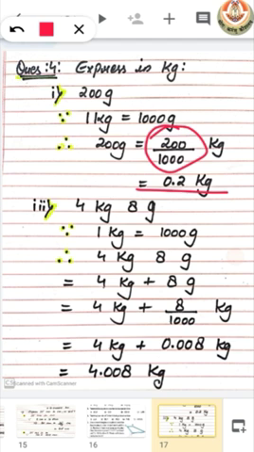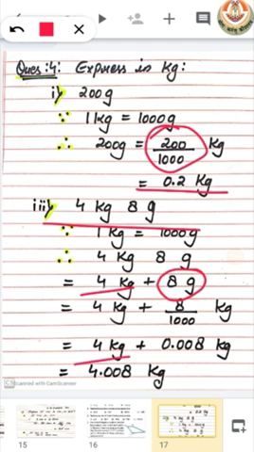kilogram. Now in this case we have 4 kg and 8 gram. So 4 kg is already in kg, so we do not have to touch it. After converting 8 gram into kilogram, we will add that conversion to 4 kg to get our answer.